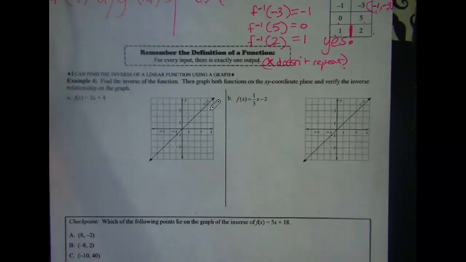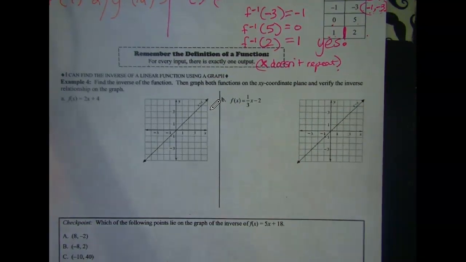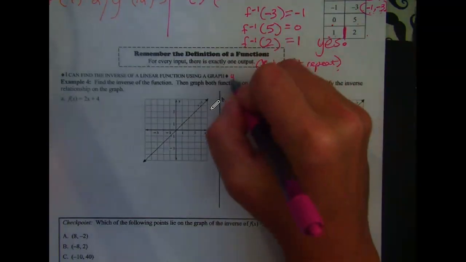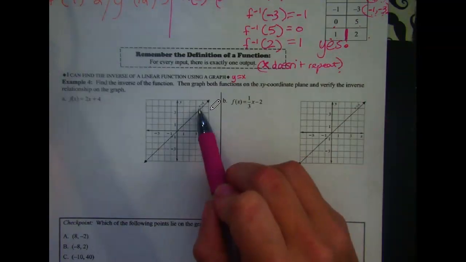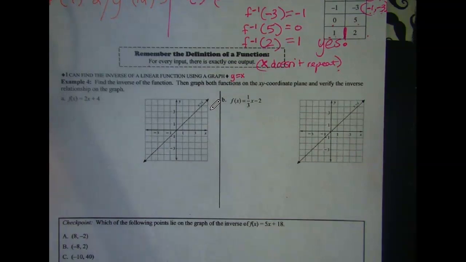Okay, all right. The last part we have is finding the inverse of a linear function using a graph. So this one automatically gives you the line. Remember, this is our y equals x line, and it's even labeled here. We're always going to use this one as our point of reference.